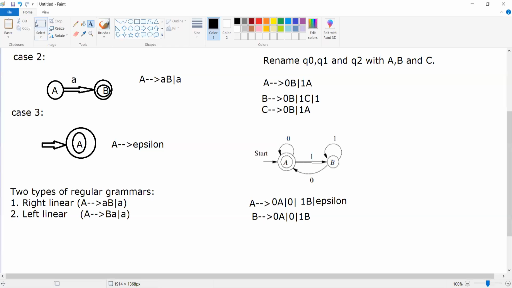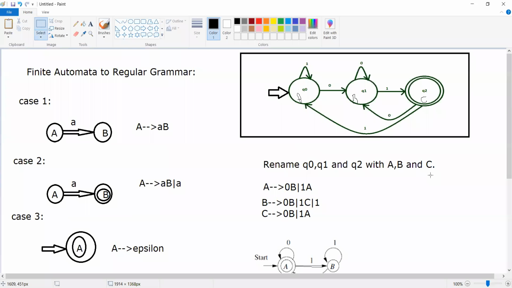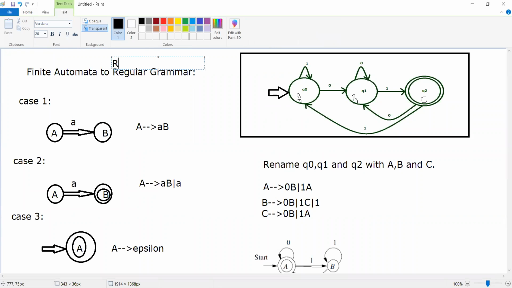Now if you look at the productions we have generated from the given finite automata, very clearly you can understand that all our productions are right linear productions. So this is the procedure we have followed to generate not simply the regular grammar, but the right linear grammar.